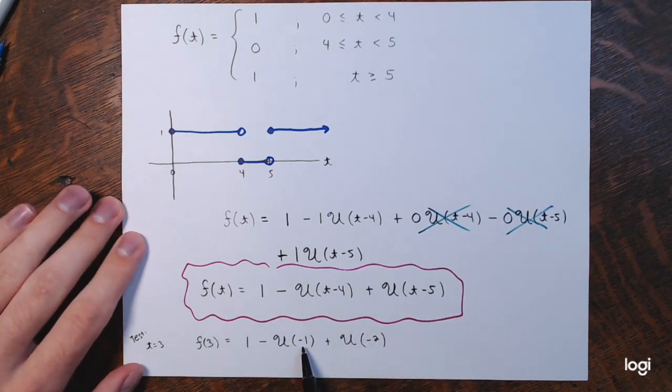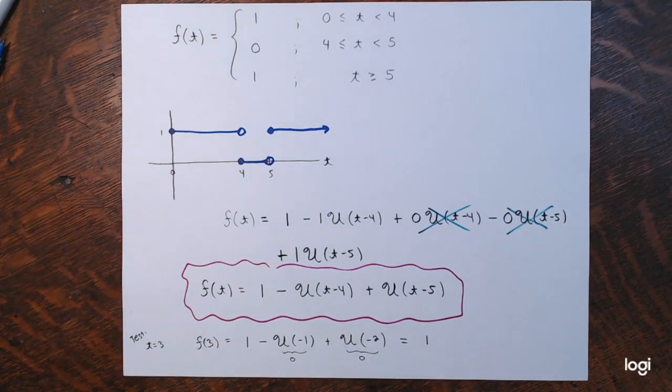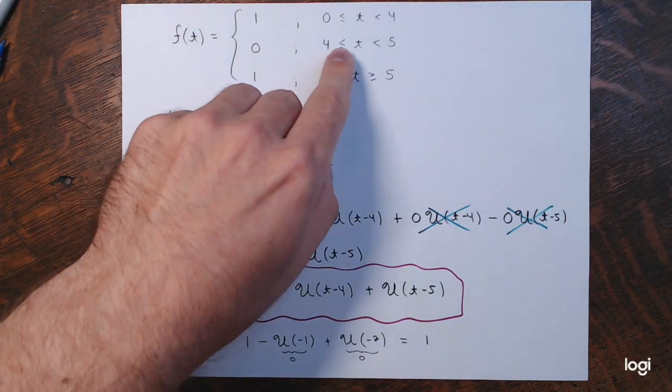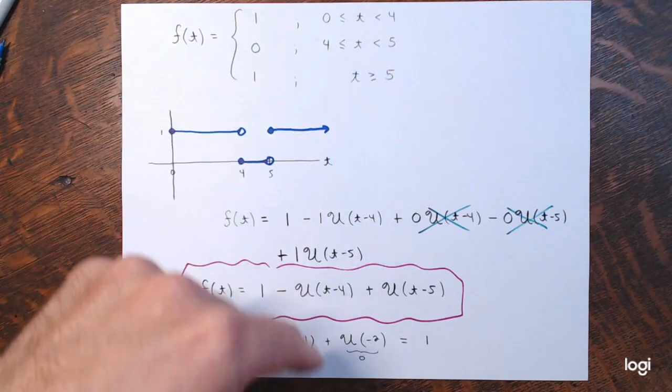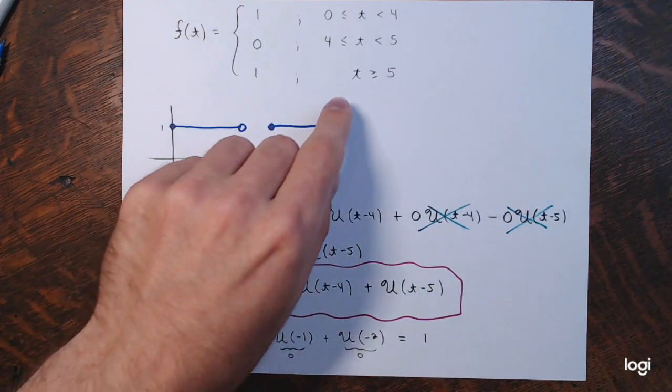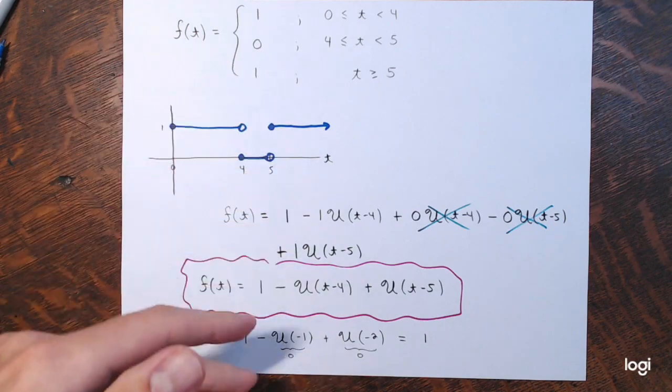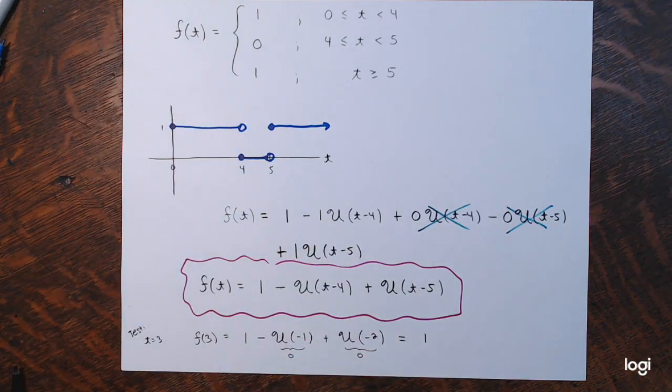And as I mentioned earlier, if the number inside the unit step function is less than 0, then the output for the unit step function is 0. So both of these are 0, and I end up with just 1. Right. And try t equals 4, 4.5, and you'll get an output of 0. Try t equals 5, 6, 7, you should get an output of 1. Right. I promise you.